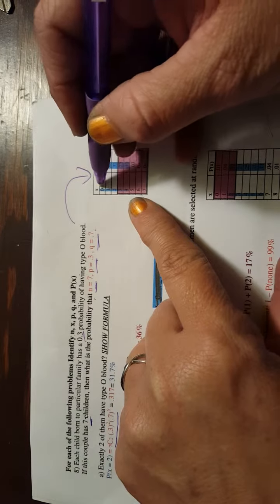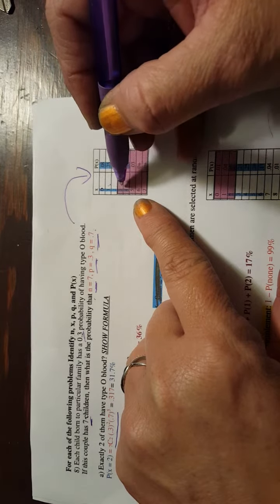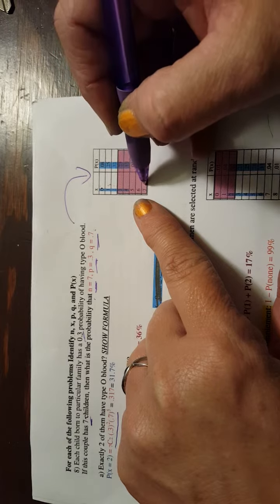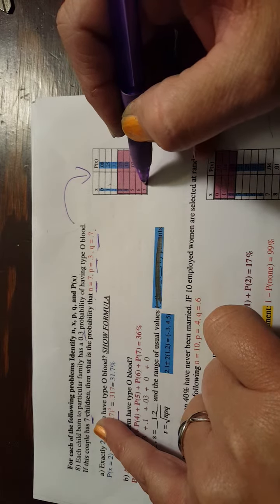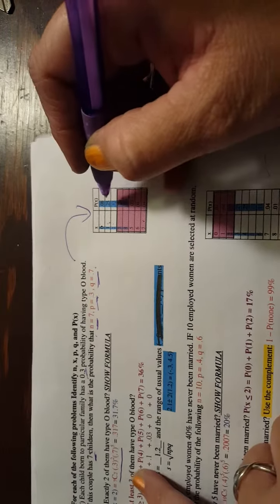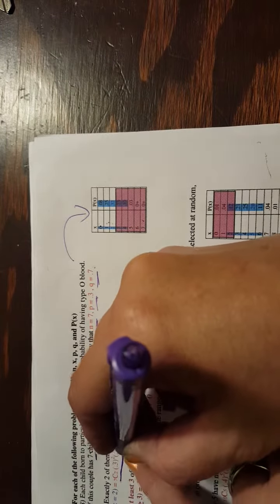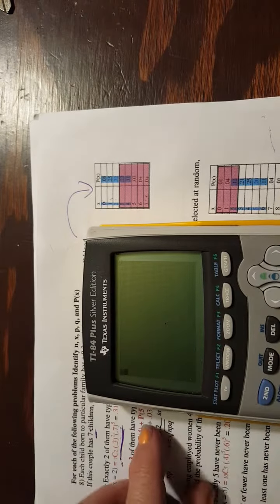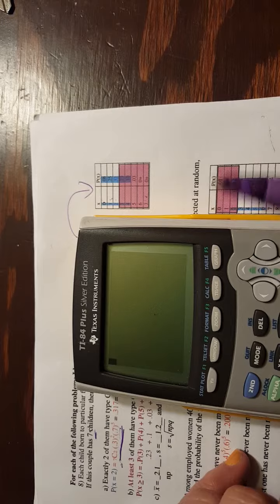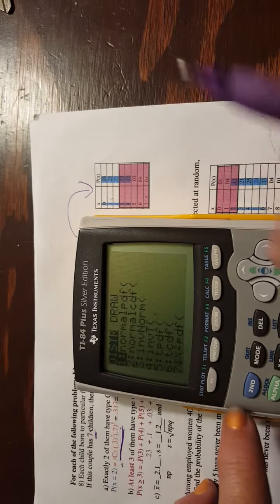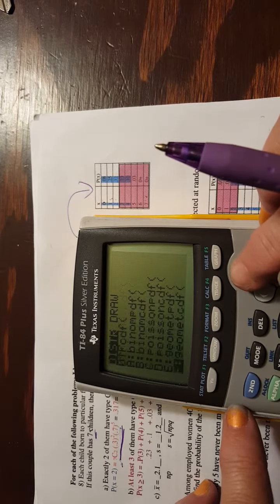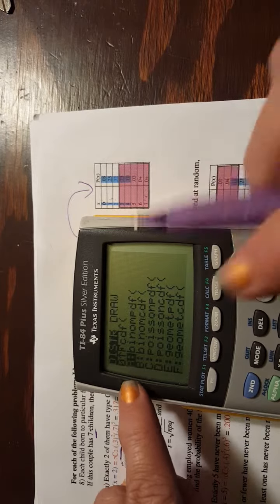So we have 0, 1, 2, 3, 4, 5, 6, 7, because you could have up to 7 children. That means that we have to do this formula, if you remember, for each one of these. But there's a way to do it on the calculator, and that is under second variable, binom PDF.